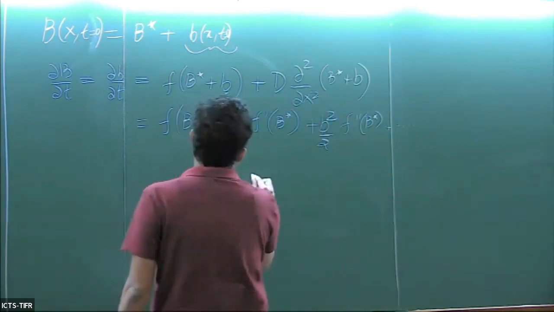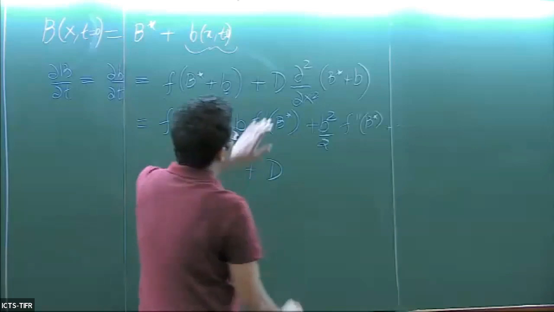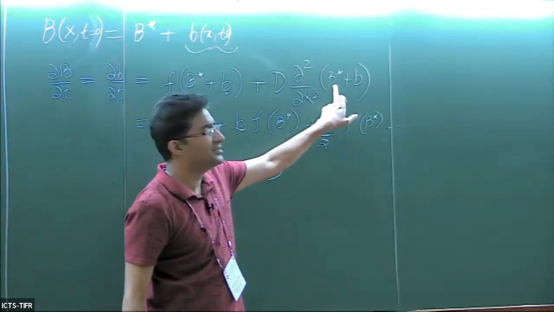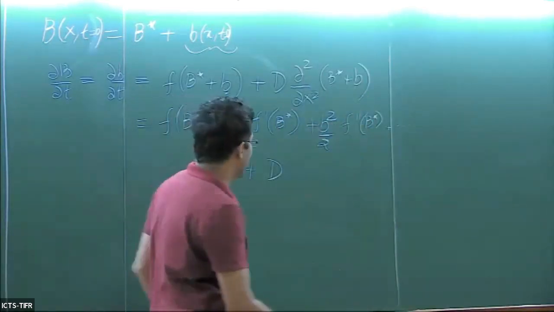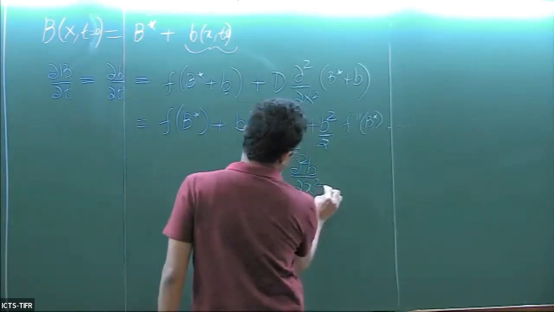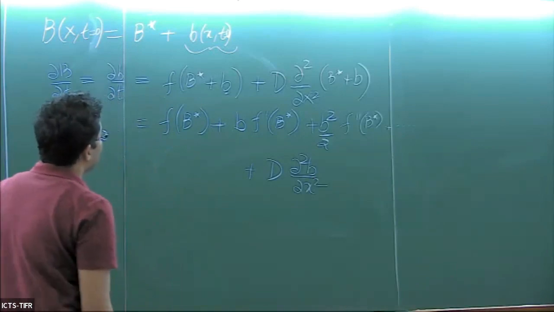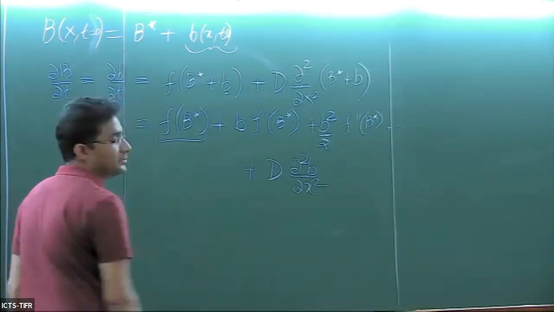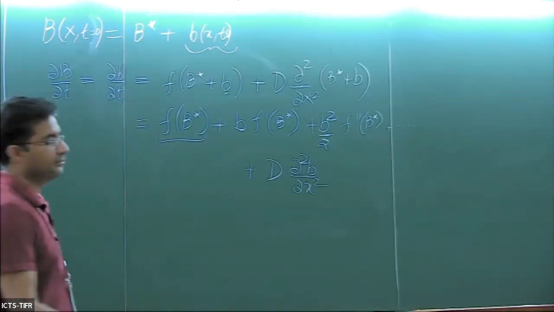That is this term, and then we have a diffusion term. When the diffusion applies to B star, that would be 0. So what is this? That is 0.